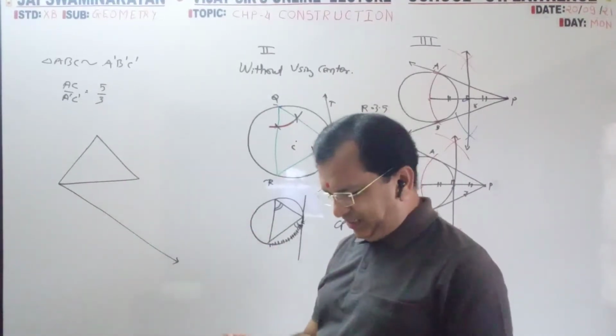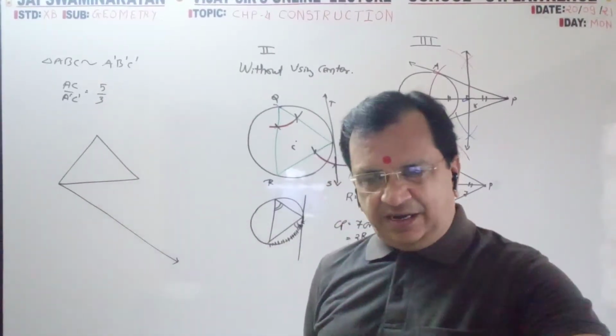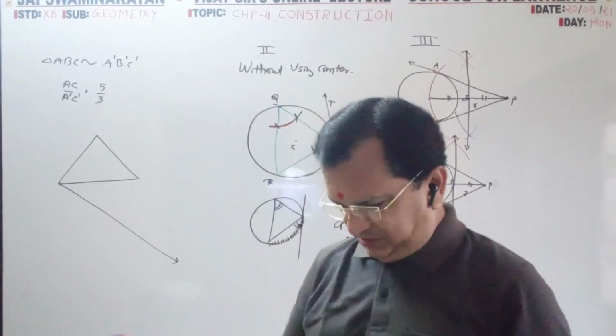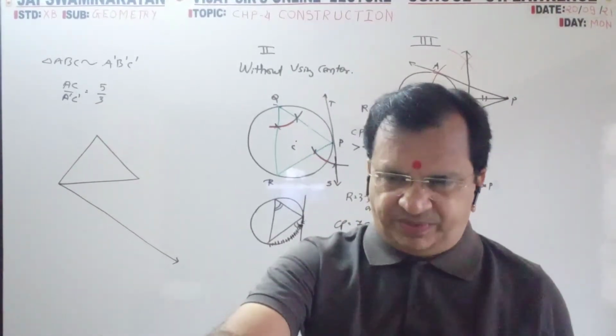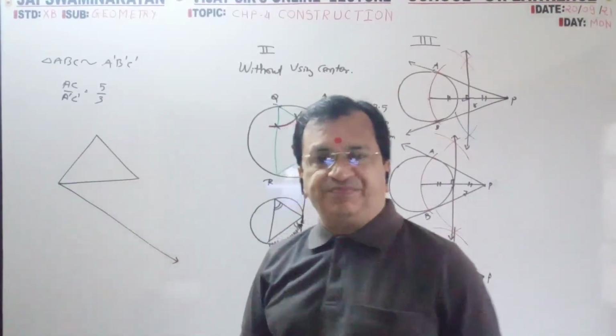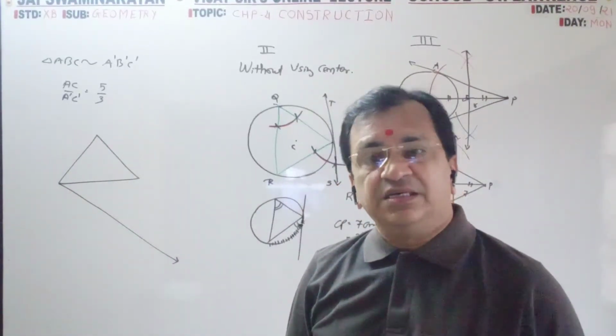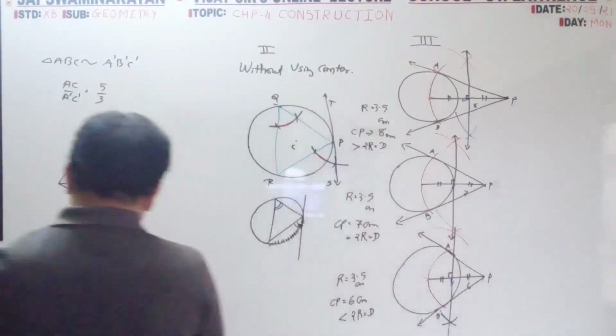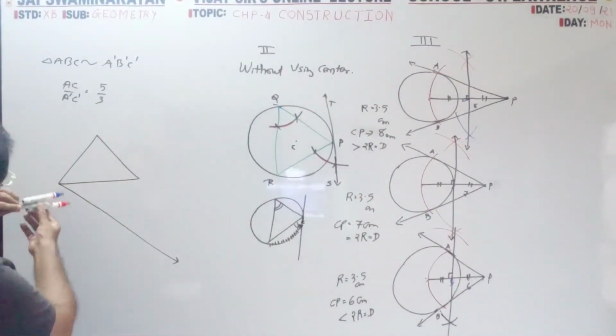Now which is the bigger number? 5 to 3. 5 is the bigger figure.